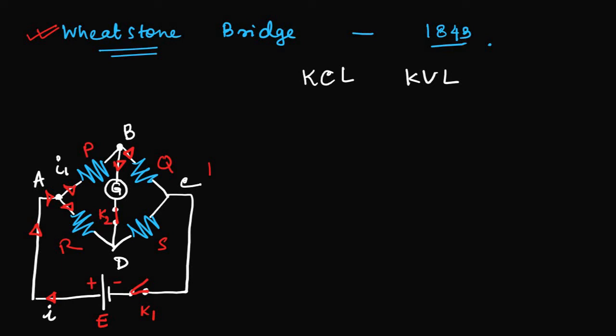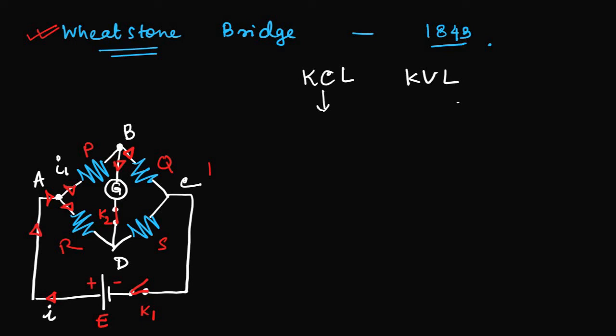What was the current law? It was about conservation of charge, and there was some sign convention I mentioned. If you don't remember, you can go to the previous video, I have added it to the playlist, you can refer to that. Now here for KVL, I will also show you how to equate the voltage across all the arms or meshes. So let's get started here.